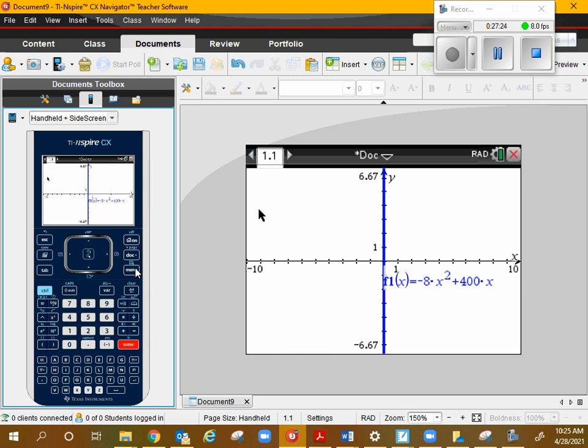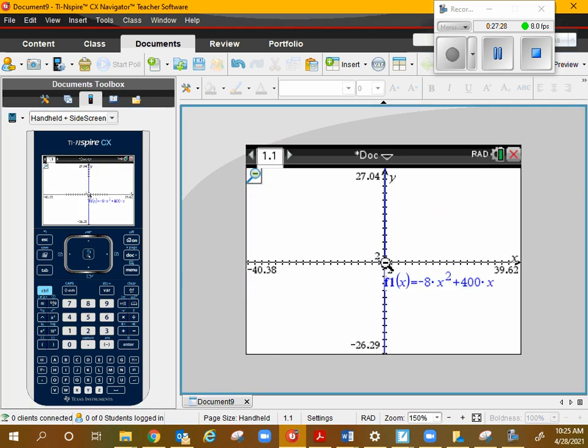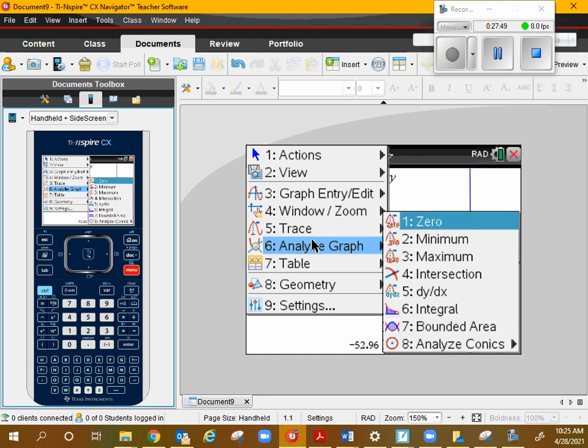Okay. I'm going to zoom out. So Menu, zoom out, and I'm just going to click it until I can see both zeros. So here I am. I'm good. I can see both zeros. In the center. You have to go into the center and then click. Okay, so then go to Menu, and we're going to analyze the graph, and I'm looking for my zeros, not the intersection.